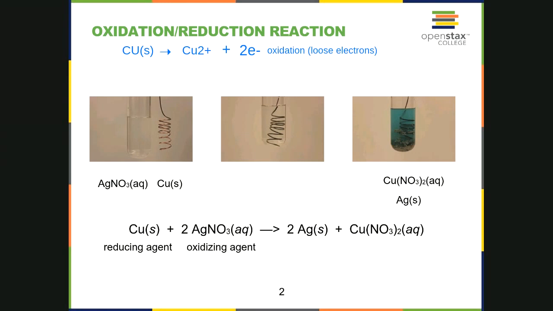Okay, now we're going to do the same thing with the silver. So we've got a silver cation, so that's Ag plus. And then we're going to add to that 1 electron. And then we need another arrow.